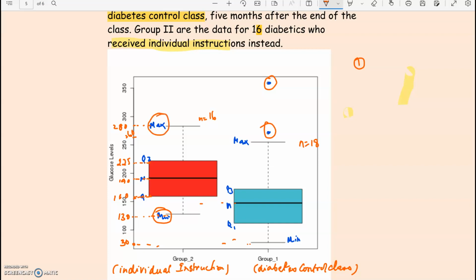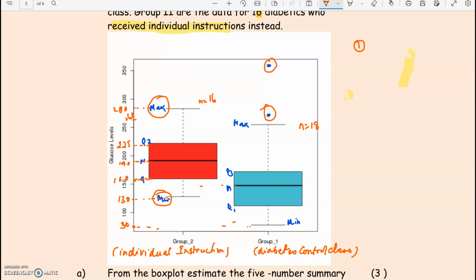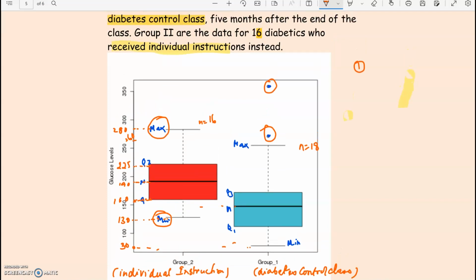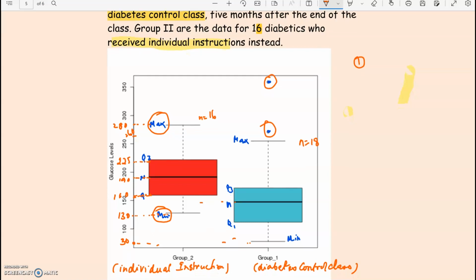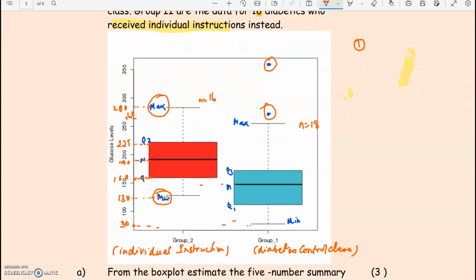So clearly, the range of values for group 2 was greater than for group 1. That says that the blood glucose levels for group 2 were higher than for group 1. So here we are looking at the overall picture.